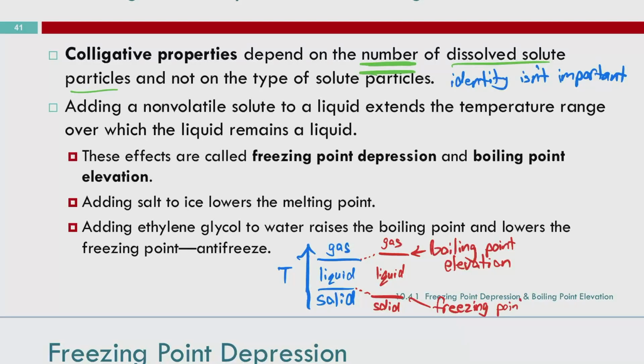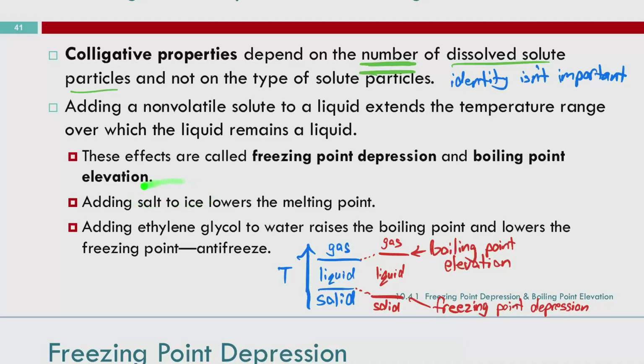Freezing point depression. Or your throat or whatever else they're looking at. So this is what we're talking about with boiling point elevation: the boiling point is going up. Freezing point depression, the freezing point is going down.